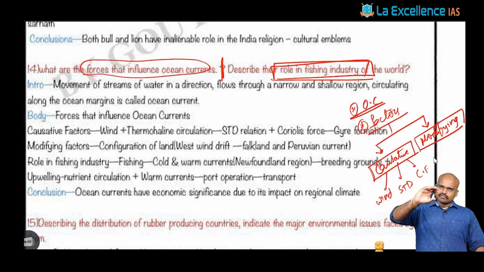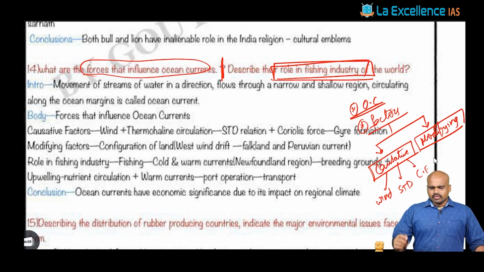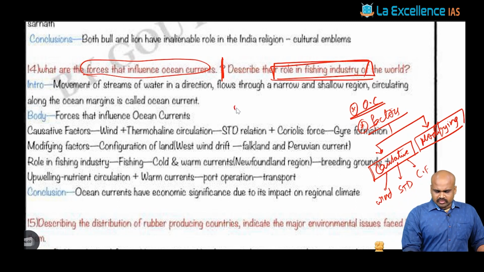The gyre formed in the North Atlantic region is going to be cyclical, in the clockwise direction, whereas in the southern hemisphere, in the South Atlantic, it is anti-clockwise. In the northern hemisphere, the currents you generally see are the North Equatorial Current, then the Gulf Stream, and then the NAD, the North Atlantic Drift.